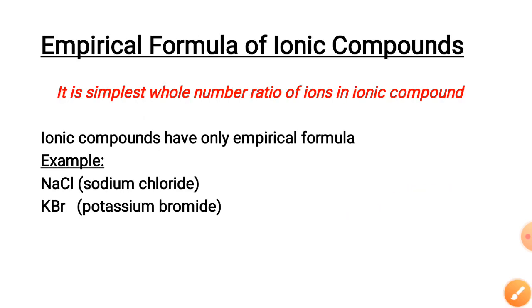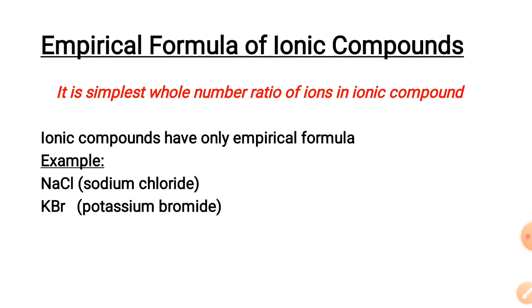So let's recall what we learned today. We learned about chemical formulae. There are two formulas: one is empirical formula and the second is molecular formula. And another terminology was formulae. Yes, formulae is the plural of formula.